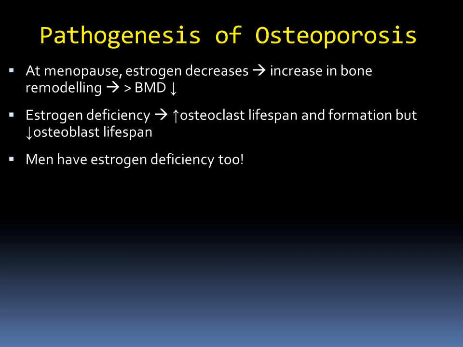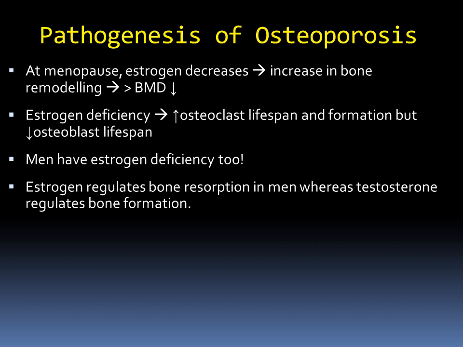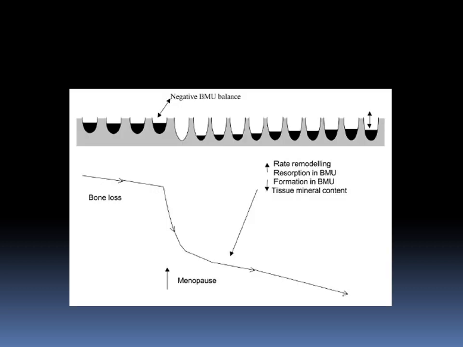Men have estrogen deficiencies too, so don't forget that that's going to be one of the contributing factors for them having osteoporosis. Estrogen regulates bone resorption in men, whereas testosterone regulates bone formation.